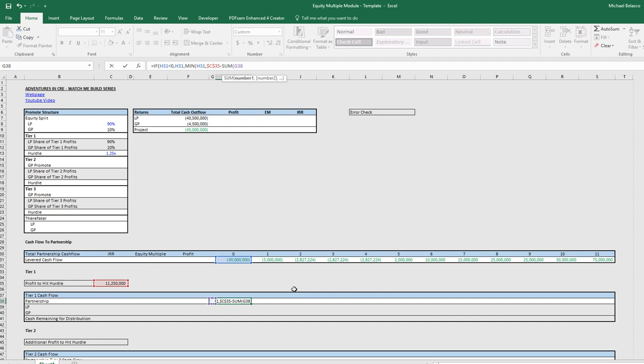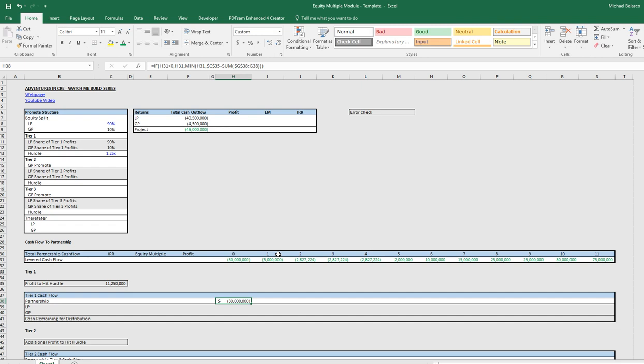The only reason to do that is because I can't start the formula in period 0, so I just need a space before, because otherwise it will be a circular reference, and we want to try to avoid circular references. So it's C35 less the sum of the cash flow of the previous periods than the period that you're in presently.